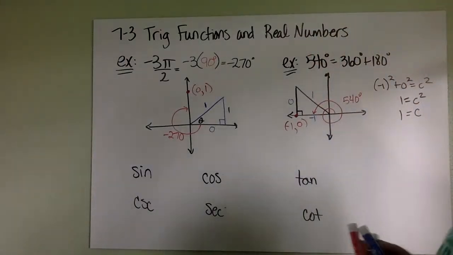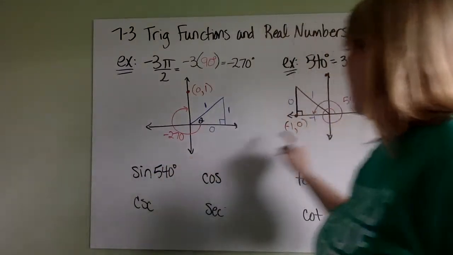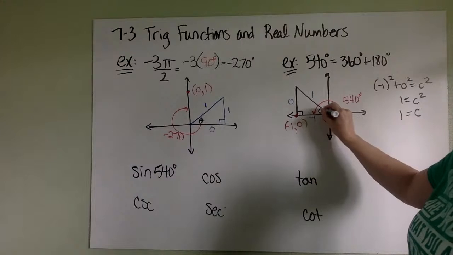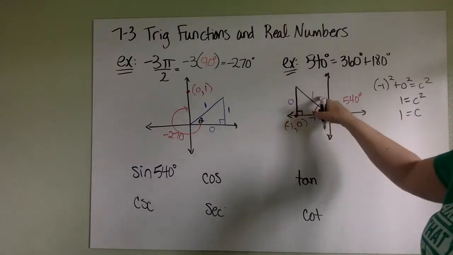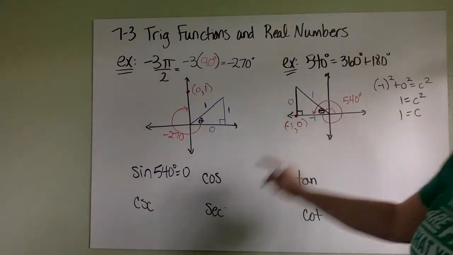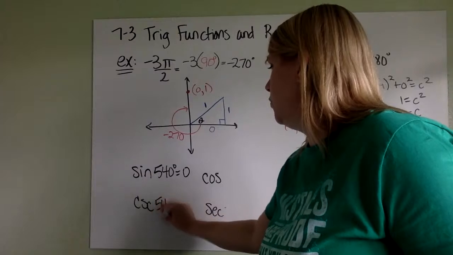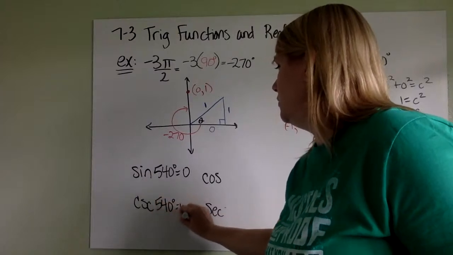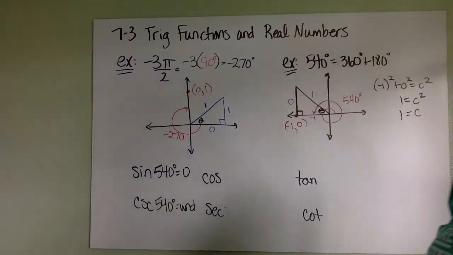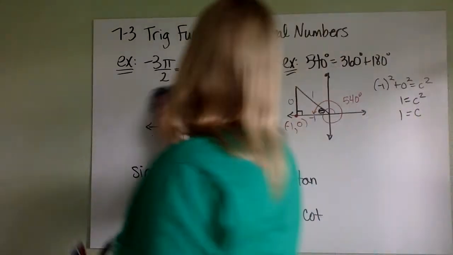Okay, so the sine of 540 degrees would be, again, we're using this angle right here, right? So opposite over hypotenuse is 0 over 1. That means the cosecant of 540 would be undefined. Again, maybe I should erase so this is not confusing.